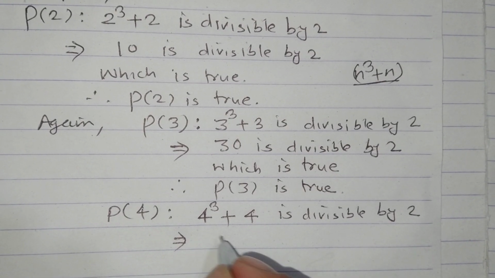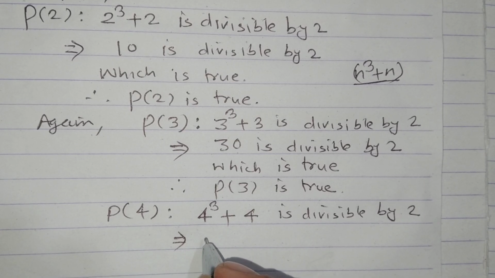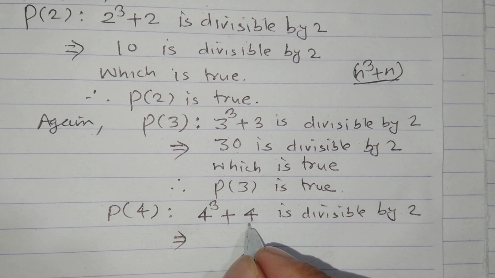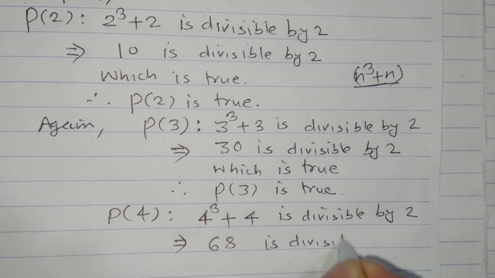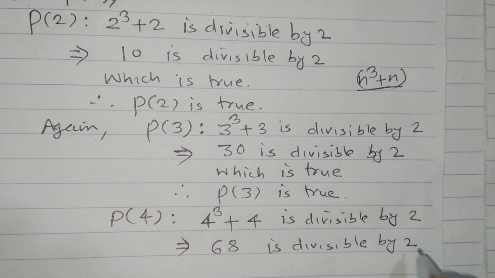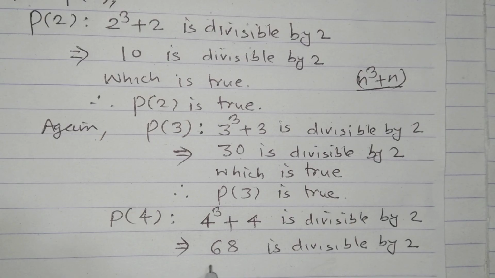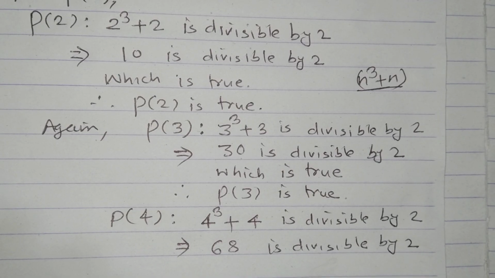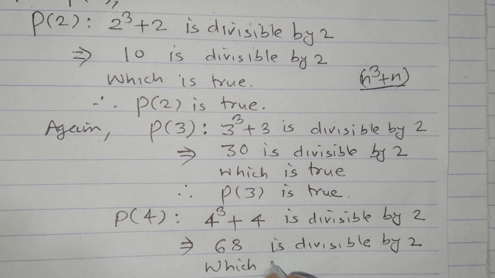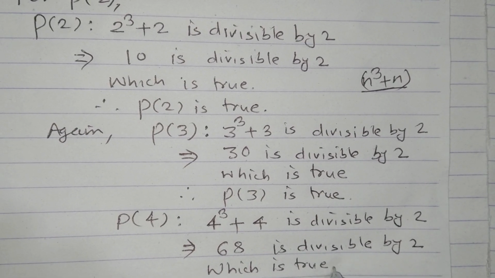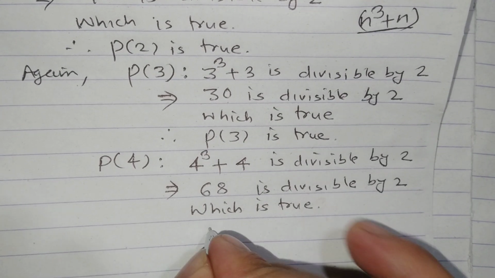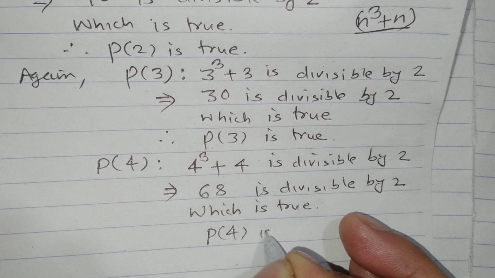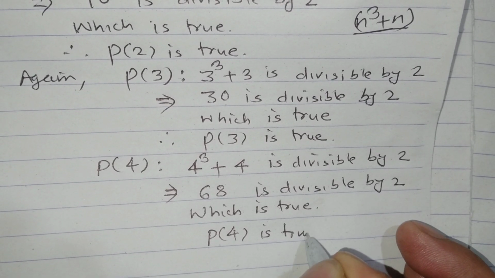So check this. 4 cube is 64. 64 plus 4 is 68, which is divisible by 2, because this is an even number and all even numbers are divisible by 2, so this is also true. Therefore P4 is true.